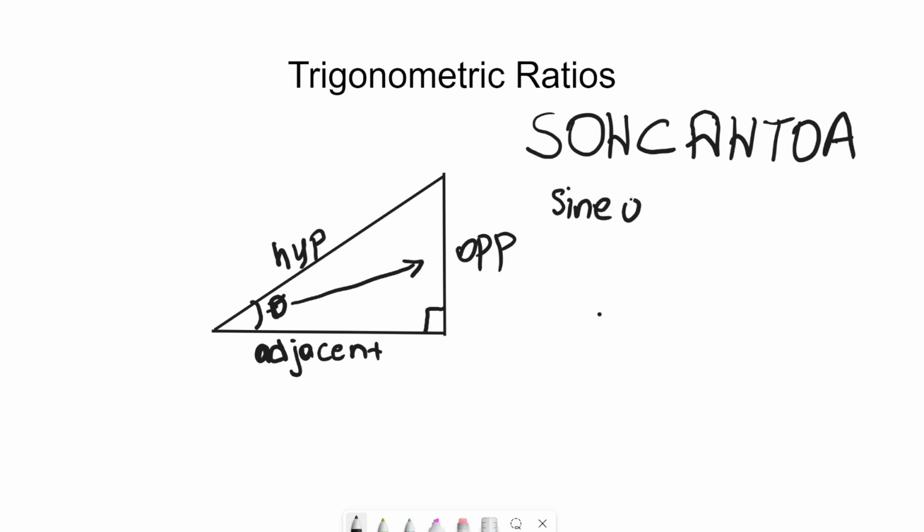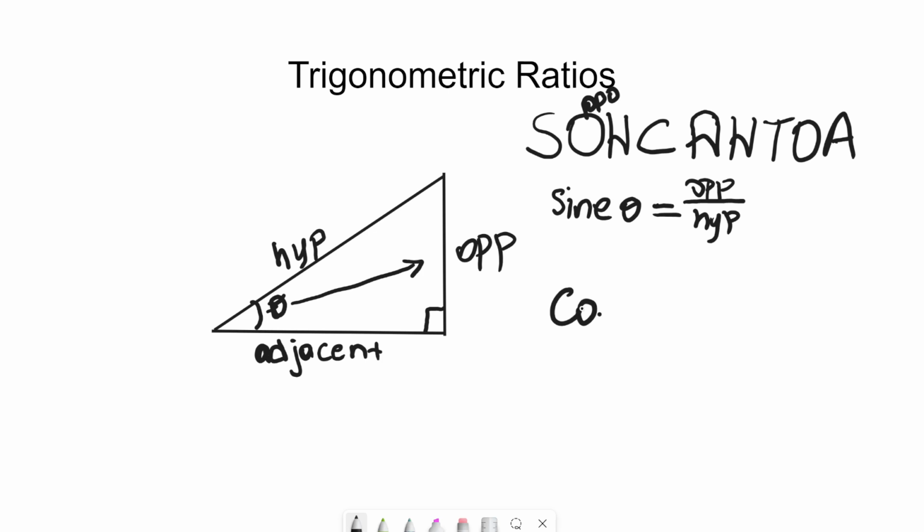So if I'm looking for sine theta, with respect to the angle in my right triangle, the O in SOH stands for opposite. So it's going to be a ratio: O, meaning opposite, over H, which is my hypotenuse. So that's my sine theta with respect to this theta in my triangle.